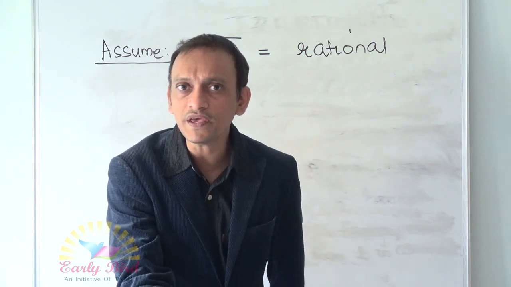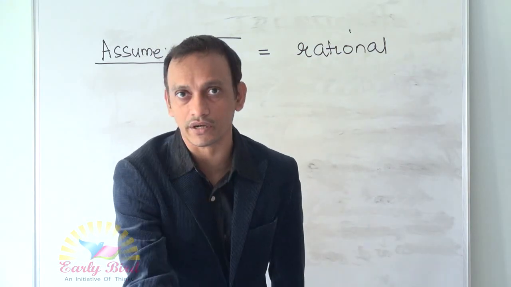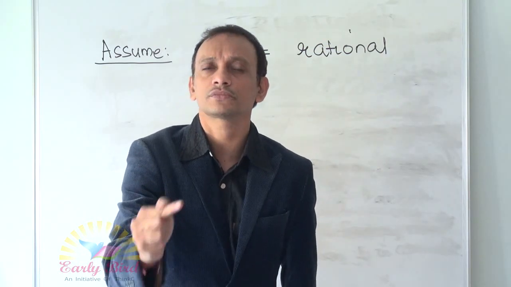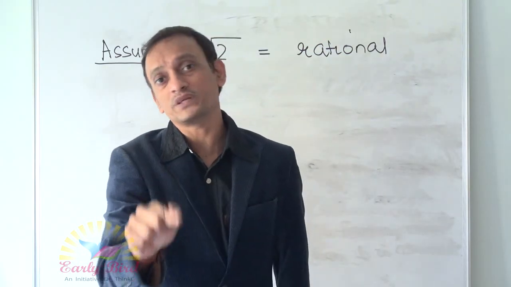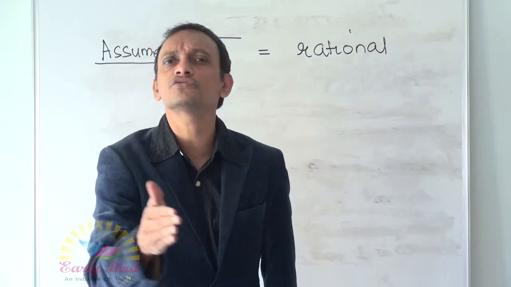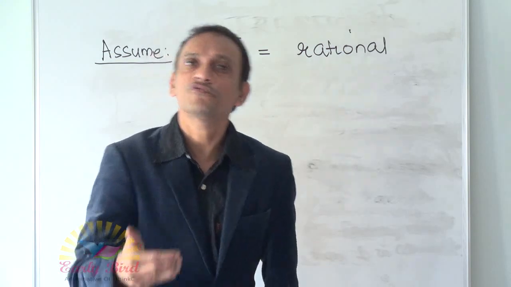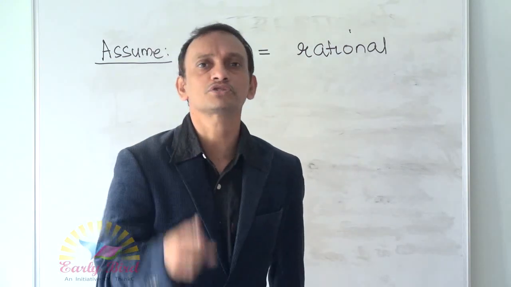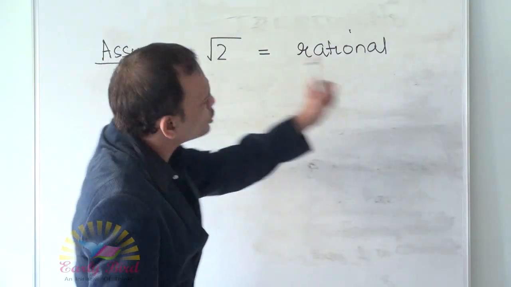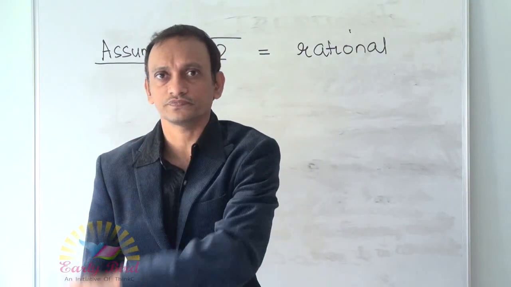It will produce something which is bizarre, which is incorrect. If the assumption is wrong, sooner or later, it will show up. There would be something glaring that would very conclusively force you to believe that your assumption has been incorrect. Right? So in this case, let's assume that root 2 is rational.